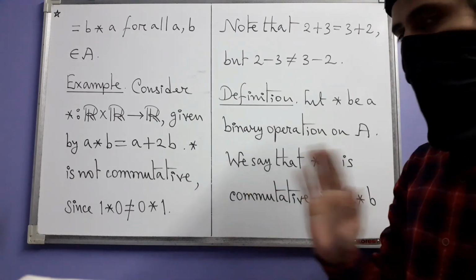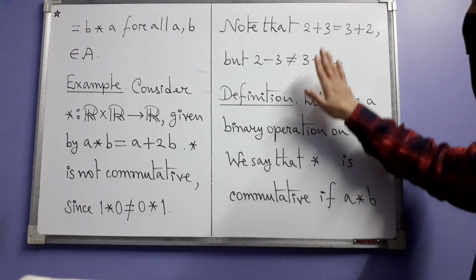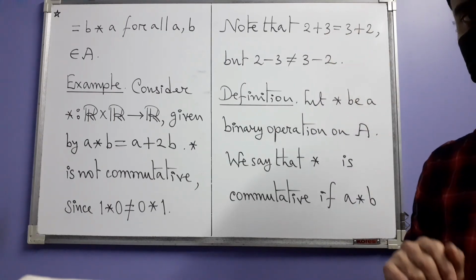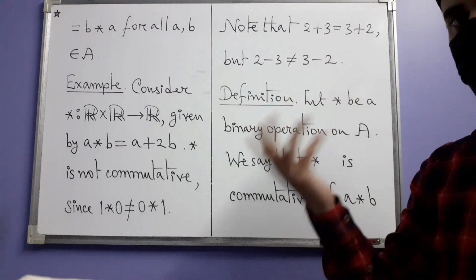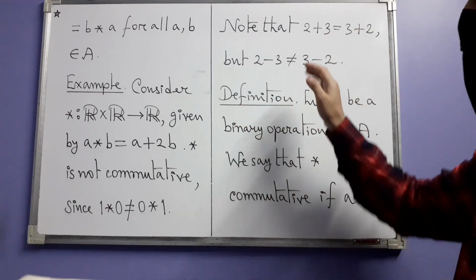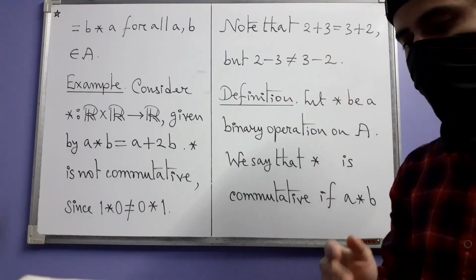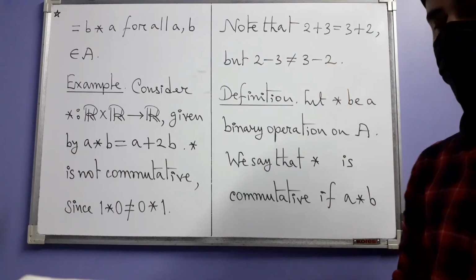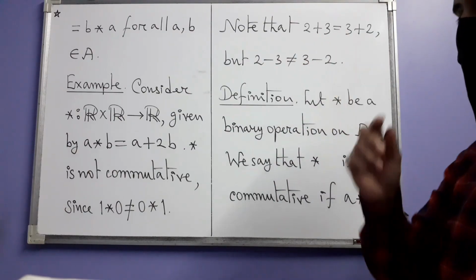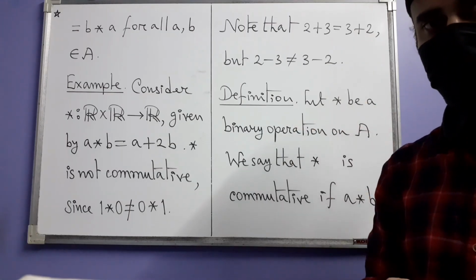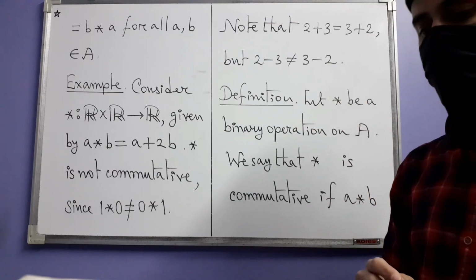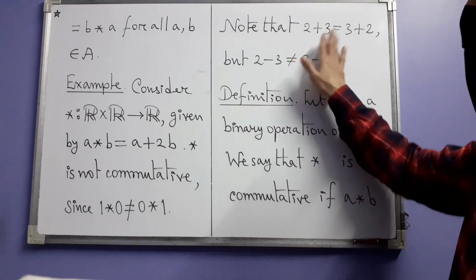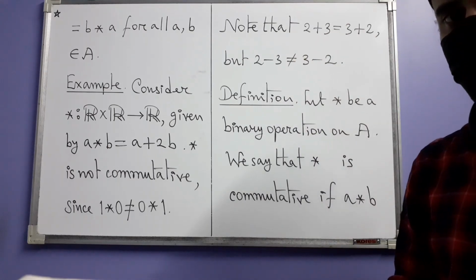So you suddenly realize that this property of addition, which is also shared by multiplication, has become so natural to you that whenever you think of operating on two objects to get a third object, you expect to have commutativity.